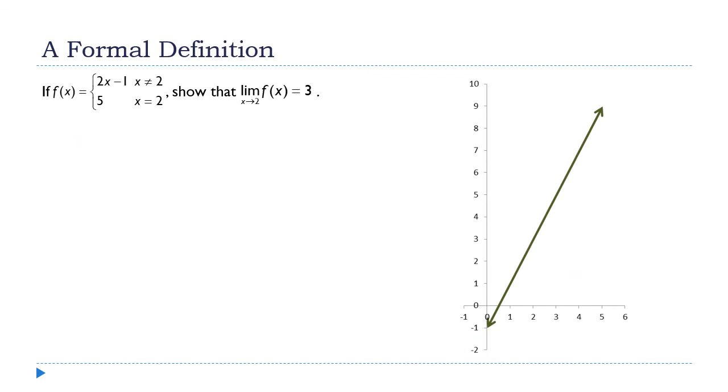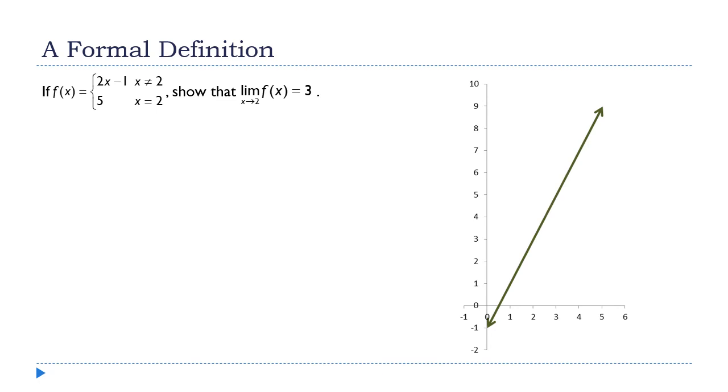This is the same one we did at the beginning. It's 2x minus 1. But I'm going to tweak it just a little bit. I'm going to carve a hole. I'm going to go over here to x equals 2, and that's all the way up here. What I'm going to do is a little tricky, I have to get two colors going at once.